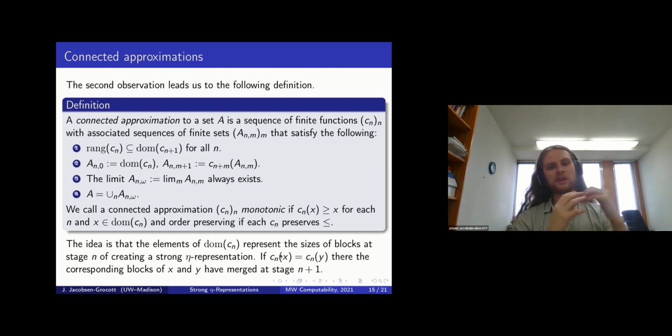So Cn of x should be the new size of the block at stage n plus 1, because that will be a member of the domain of Cn plus 1. And then Cn plus 1 may have added some new blocks. And the important part is that if we have two blocks, Cn of x and Cn of y, and they map to the same thing, then it should be represented that those corresponding blocks of our eta representation merged at stage n plus 1.